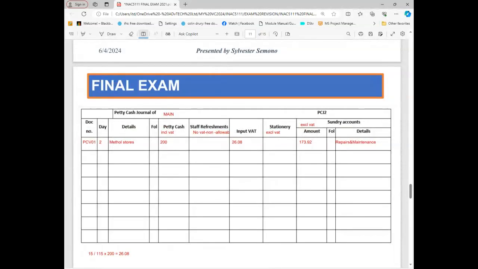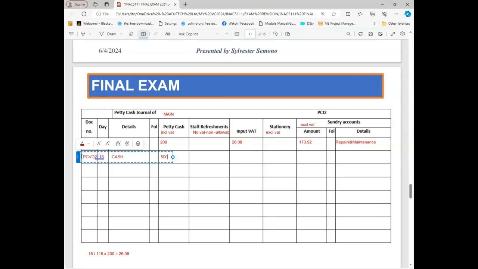So it's going to be PCV02, okay, and then it was on the 18th. Because it is casual wages, we just have to write cash, and then the amount is 500.